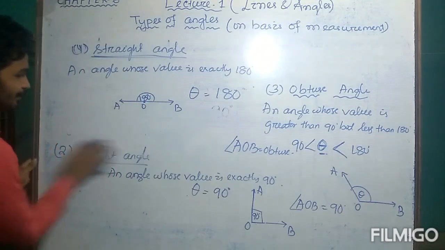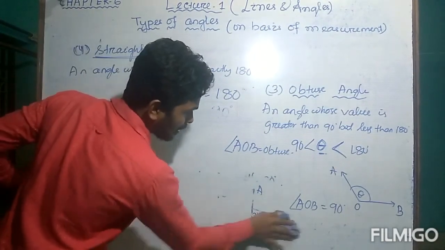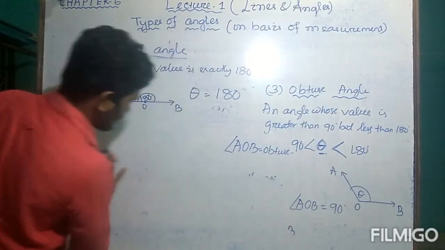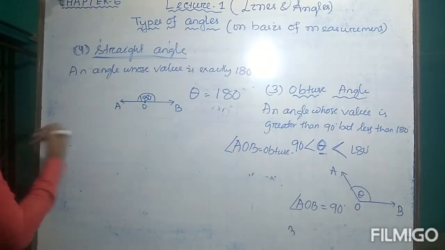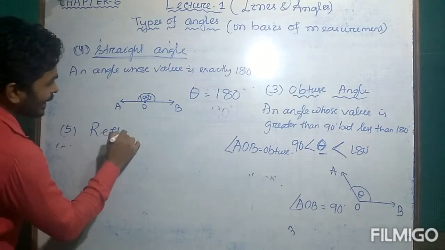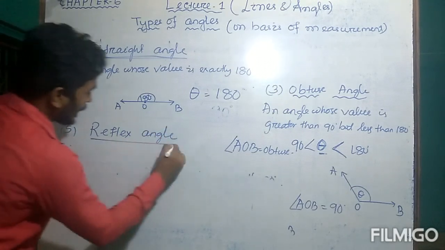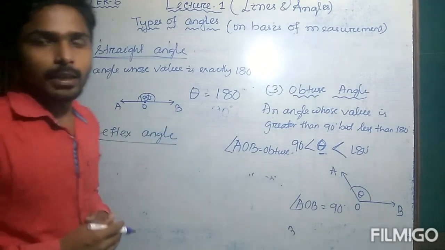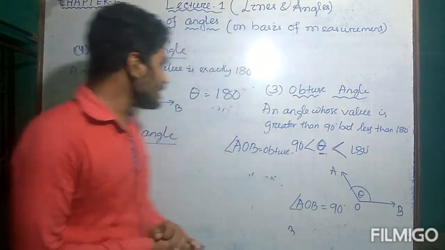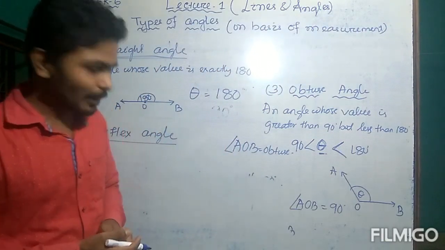Next is reflex angle. So the fifth angle is reflex angle. What is a reflex angle? The angle whose value is greater than 180 degrees but less than 360 degrees.